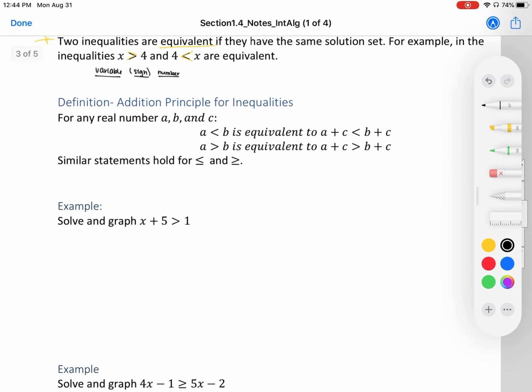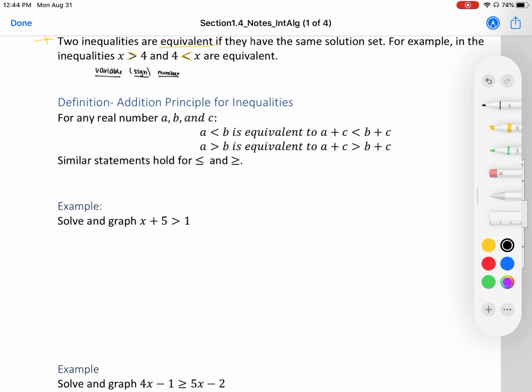A definition of the addition principle for inequalities. For any real numbers a, b, and c, a is less than b is equivalent to a plus c is less than b plus c. A is greater than b is equivalent to a plus c greater than b plus c.